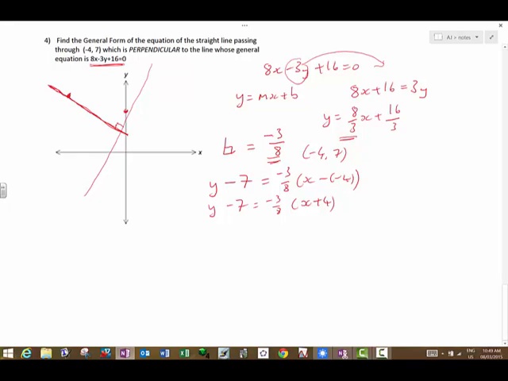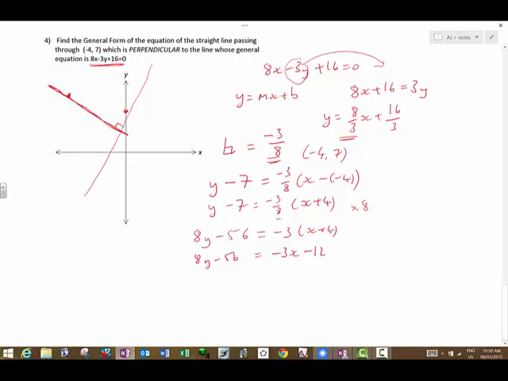We have division by 8 here, so let's multiply the whole expression by 8, and that will get rid of that fraction. So we will have 8y minus 56 is negative 3 times x plus 4. 8y minus 56 is negative 3x minus 12.